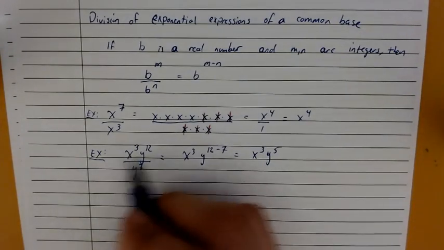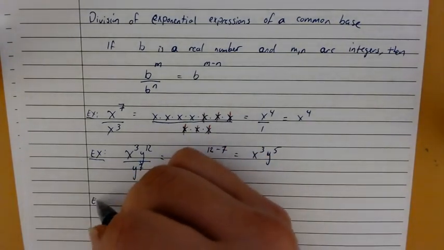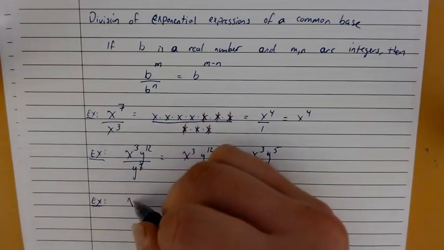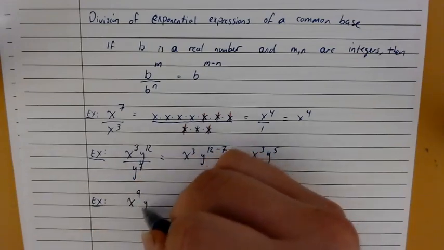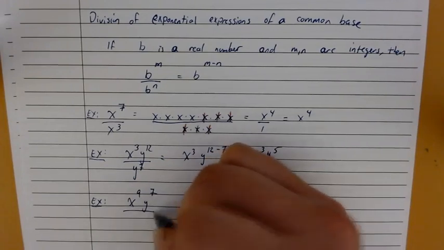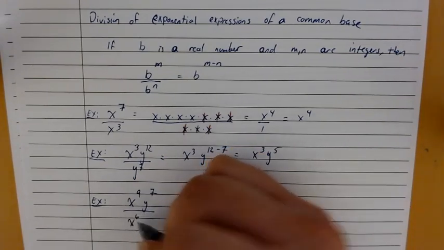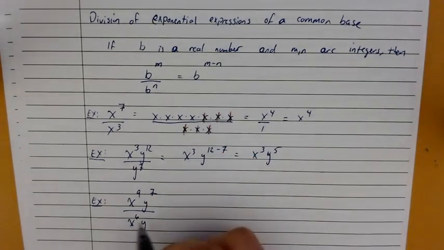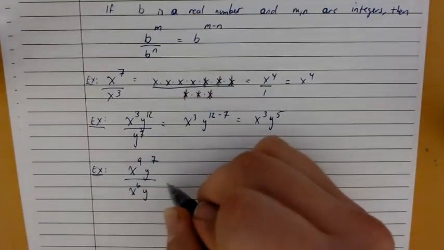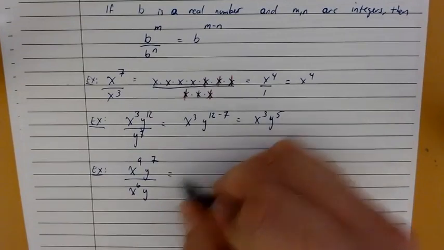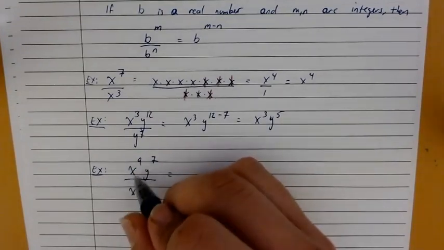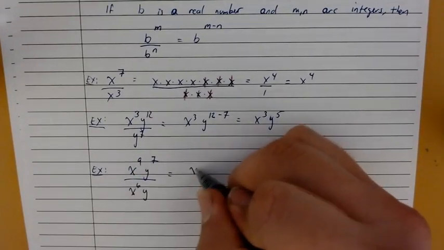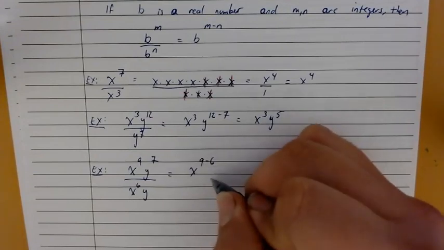If you have several expressions, well again, it's whatever works. If we have x to the power 9, y to the power 7, and we divide that by x to the power 6, y, let's leave it like that. Well then again, these can go together because they have the same base. X to the power 9 minus 6.